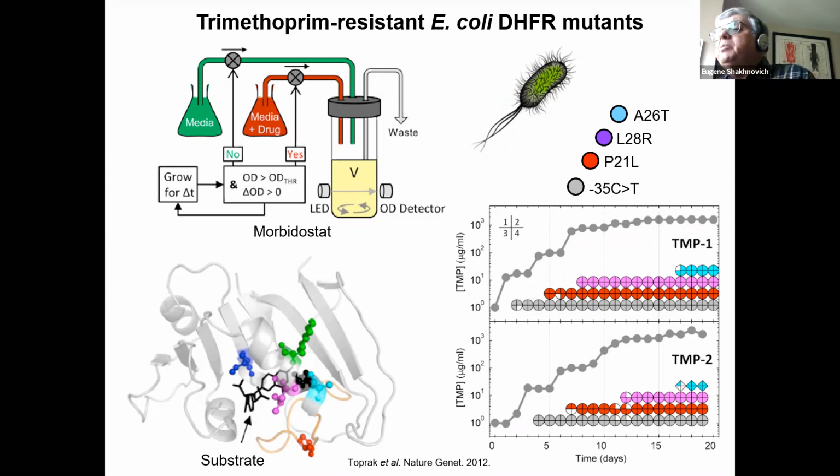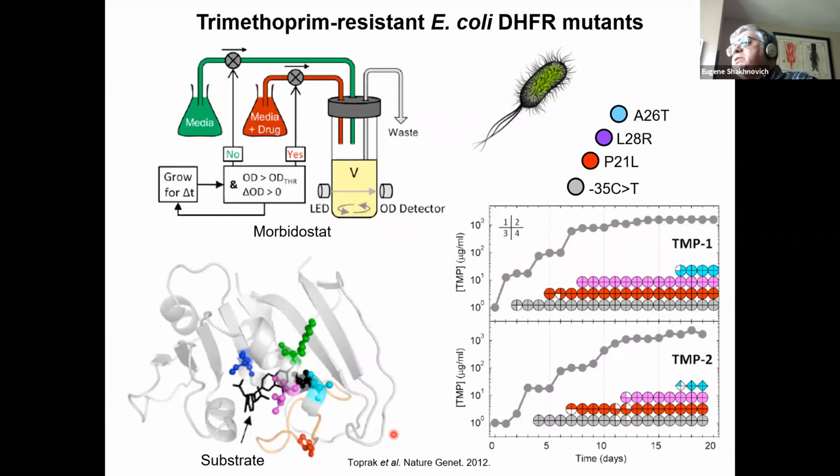And in this work from my colleagues at Harvard, Roy Kishony and Dan Hartl, they studied the progression of emergence of resistance against trimethoprim in E. coli. They used this device, which I'm sure you all know about, the morbidostat.